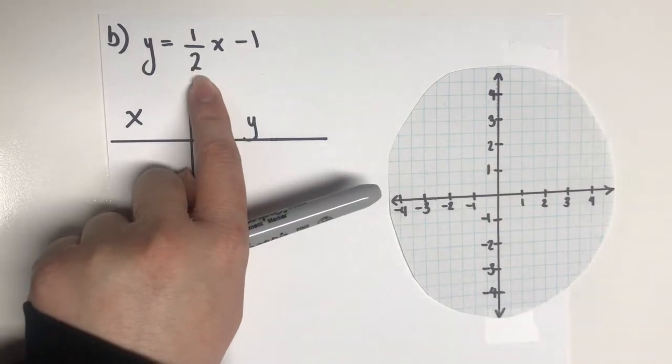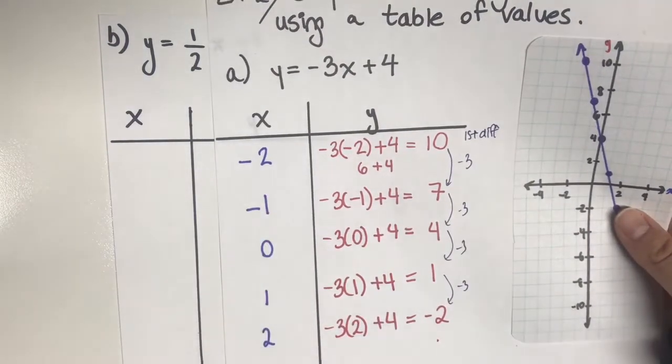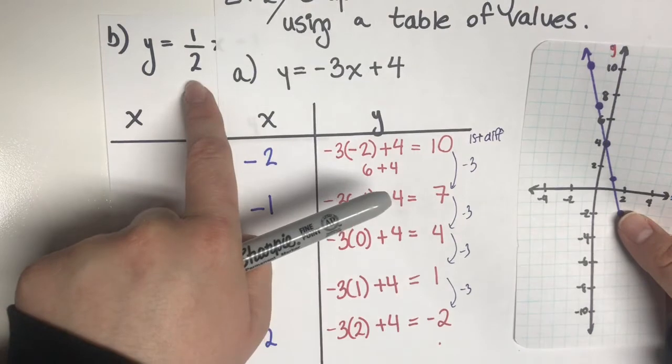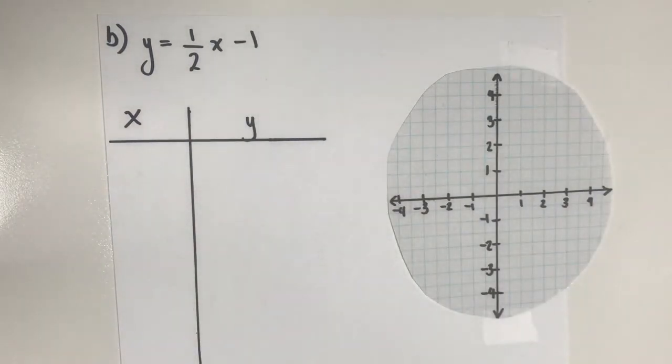I don't want to have to deal with it. So instead, I'm going to put multiples of 2. The 2 is in the denominator. So to get rid of the fraction, I'm going to do multiples of 2.